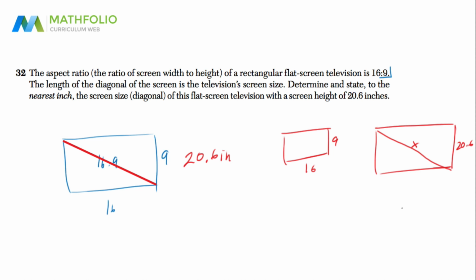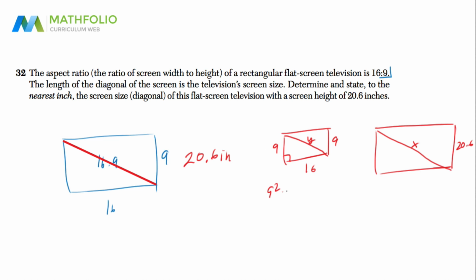So one thing we could do is try and find this here, and then we can make a proportion. So let's just call this Y. Now if this is 9, this is also 9, and hopefully you see that this thing here is a right triangle.